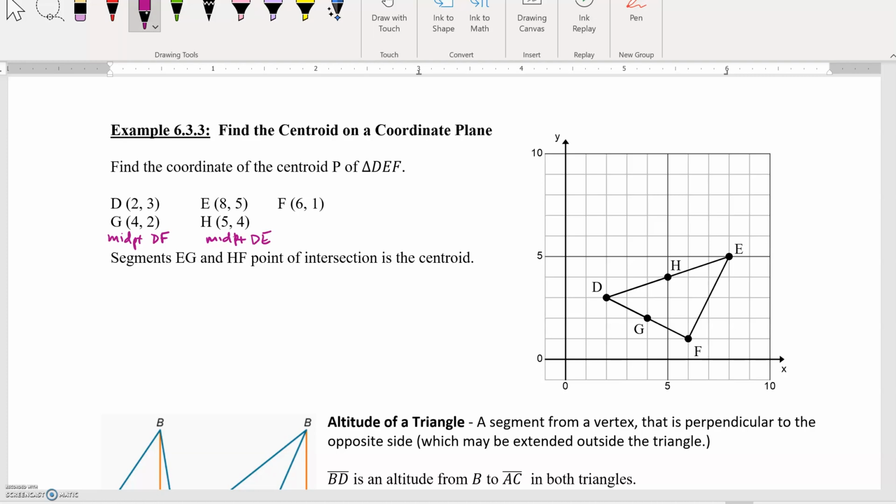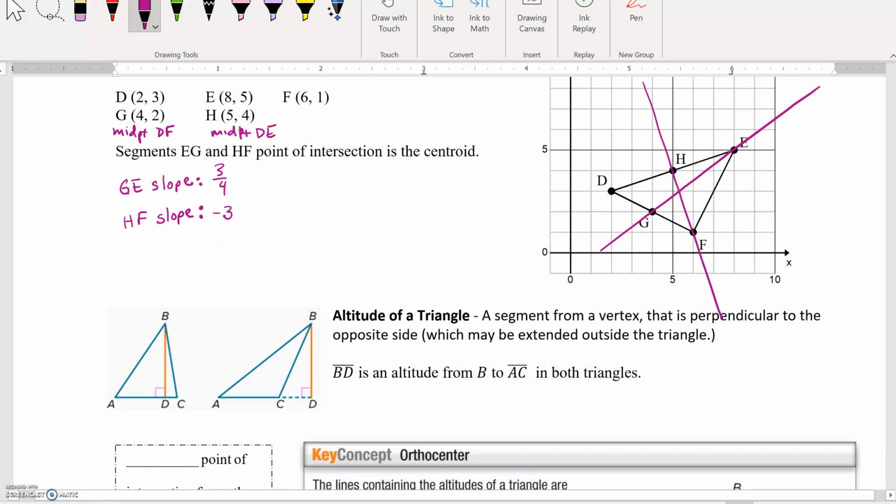And so we need to draw in those median segments. I'm going to pause and do that because my ruler's going to slip around. Okay, so not only did I draw in the medians, I also found the slopes of the medians because we're going to need that. We have to get the equations of those two lines to see where they intersect.